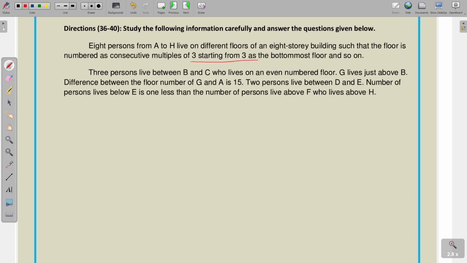Consecutive multiples of 3 in the sense 3 ones are 3, 3 twos are 6, 3 threes are 9, 12, 3 fives are 15, 18, 21 and 24. Why? Because it is an 8-story building. Okay.